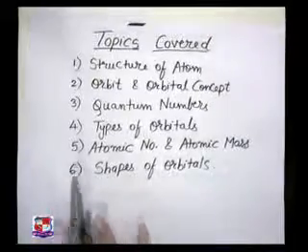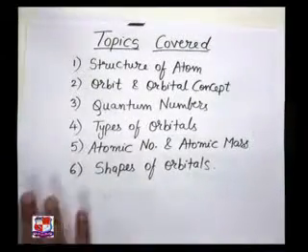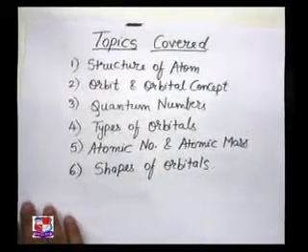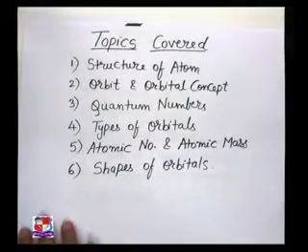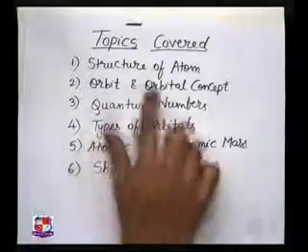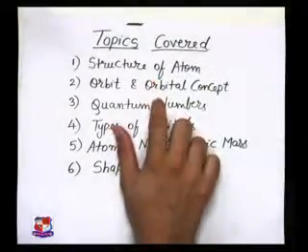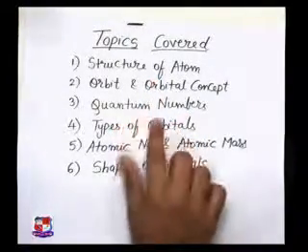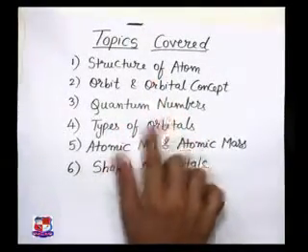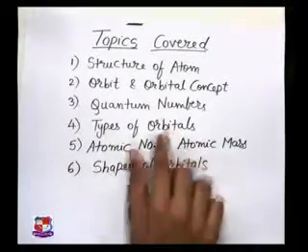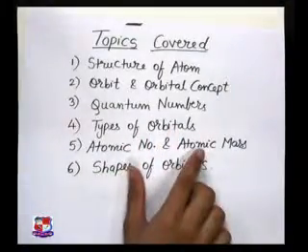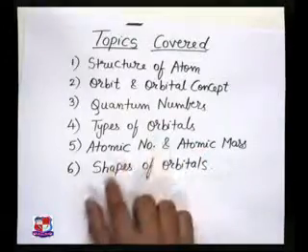Let us recapitulate the topics covered in the entire session. I have covered the structure of atom, the orbital concept, the quantum numbers, the types of orbitals, atomic number and atomic mass concepts, and the shapes of the orbitals.